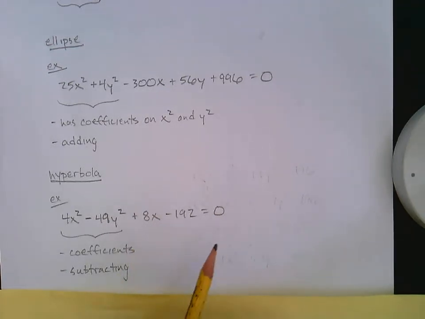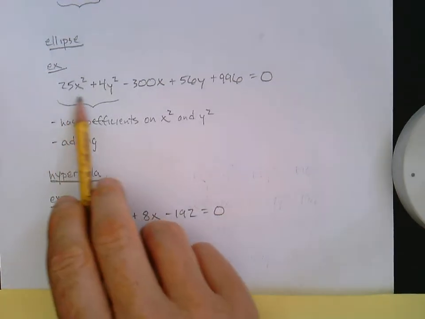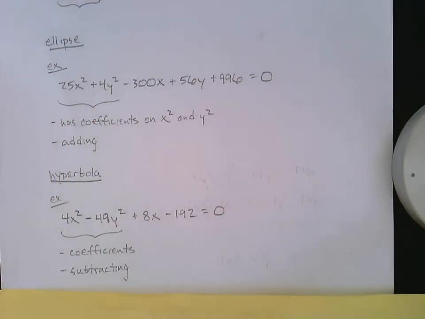Again, focus completely on the x squared and the y squared. There are coefficients, so we know it's not a circle, and we're subtracting, so I know it's a hyperbola, where if there are coefficients and we're adding, it's an ellipse.